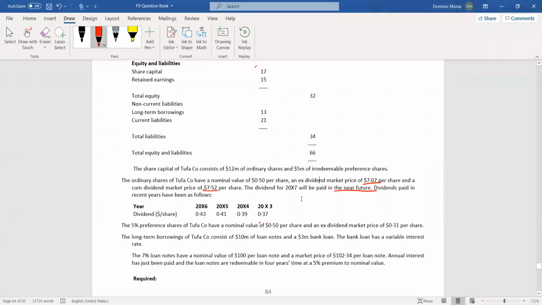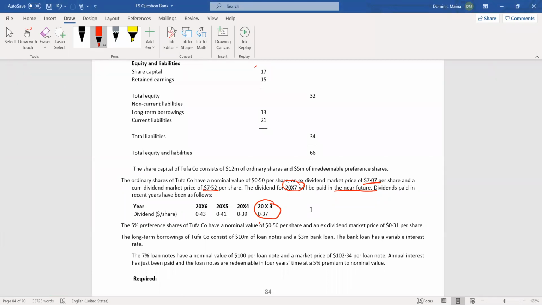The growth in the dividend for this company: we have the data for 2013 and the data for 2017. So the time period is from 2013 to 2017, not 2016, but 2017, because you have the data.